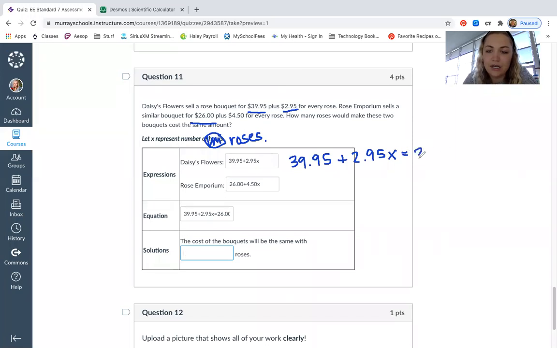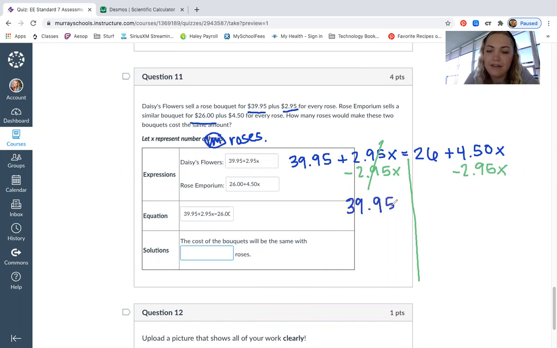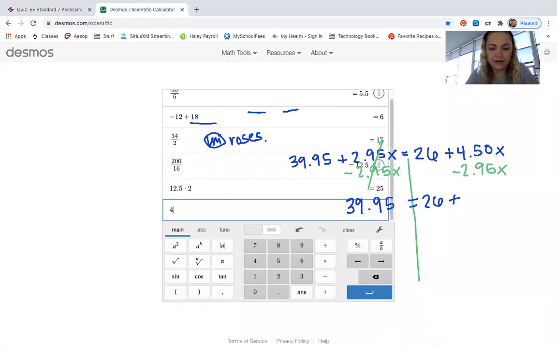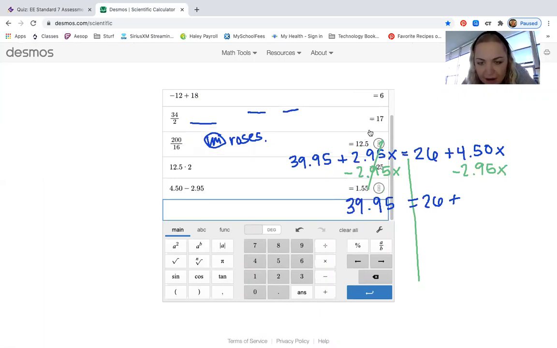So this equals 26 plus 4.50x. All right, I want to get all the x's to the same side. So I am going to subtract 2.95x from both sides. So these will be gone, and I will have 39.95 equals 26 plus, and when I type that in, $4.50 minus 2.95 gives me $1.55.